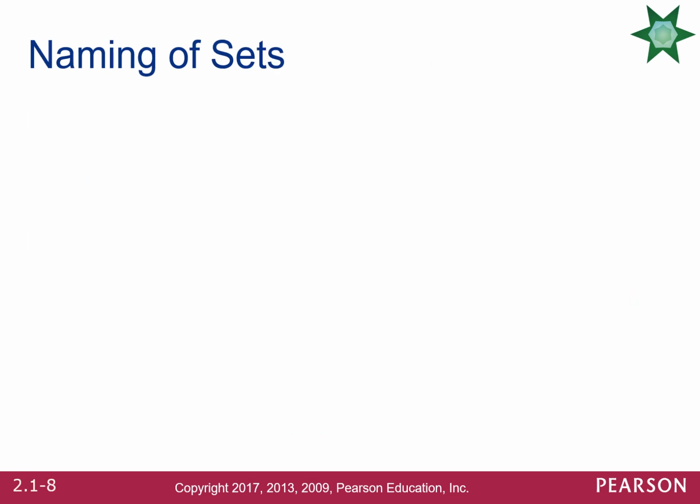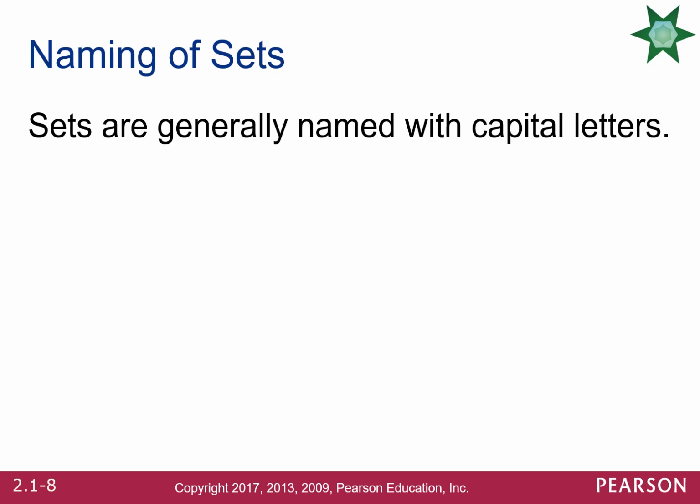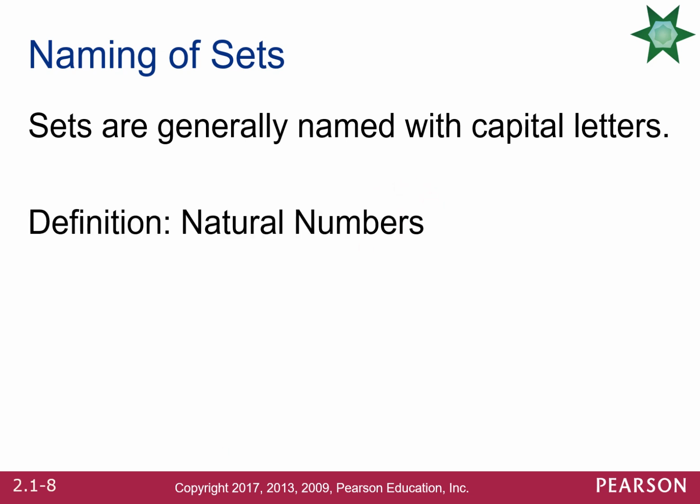Now there are specific conventions used in math to name sets. So let's go over those. First of all, sets are generally named with capital letters. For example, if we want to define natural numbers, they are whole numbers starting from 1. All right, but they are whole numbers. They don't include fractions.